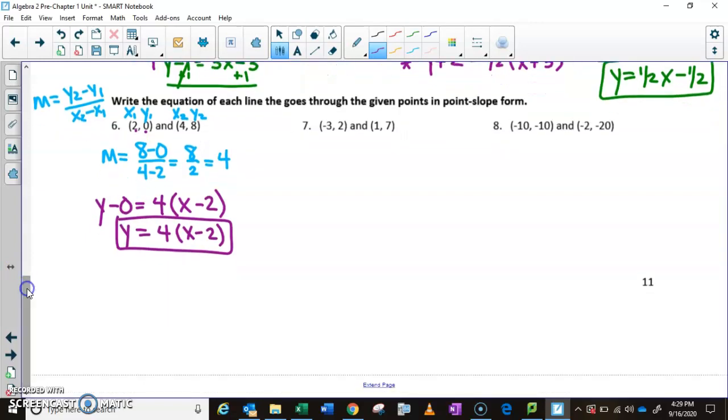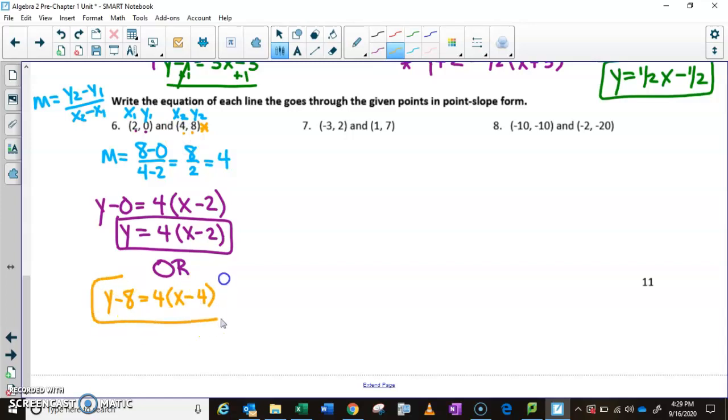My second option, if I choose the second point to write out my answer, then my equation would be y minus y1 of 8 is equal to my slope of 4 times the quantity x minus x1 of 4.